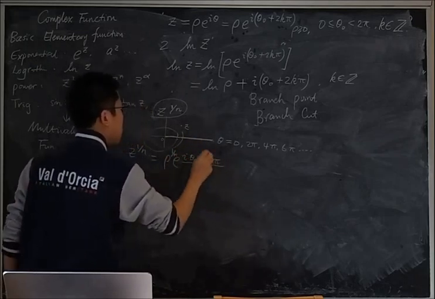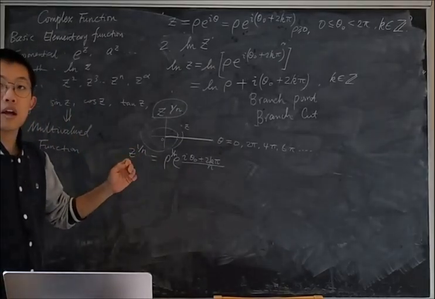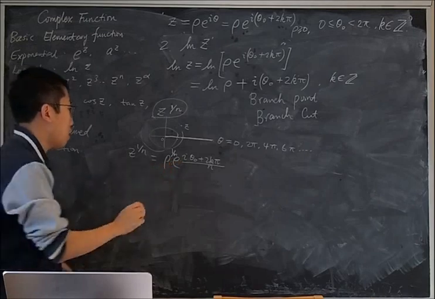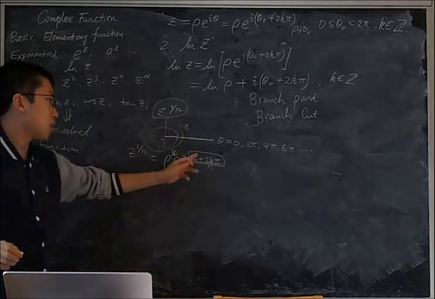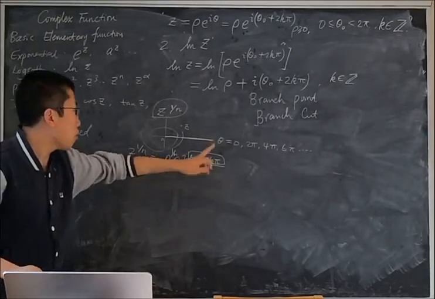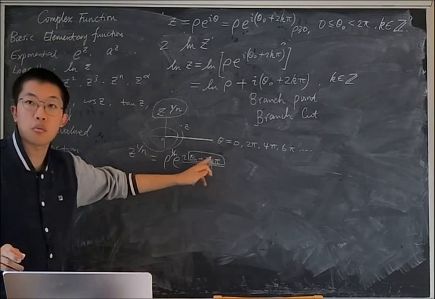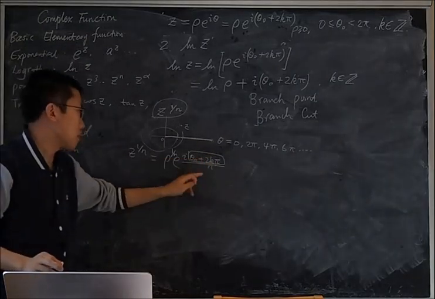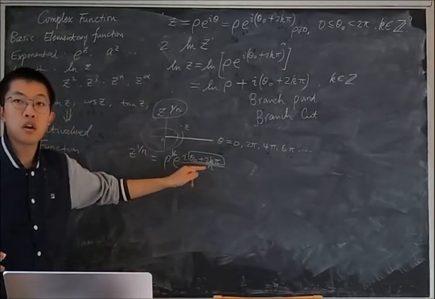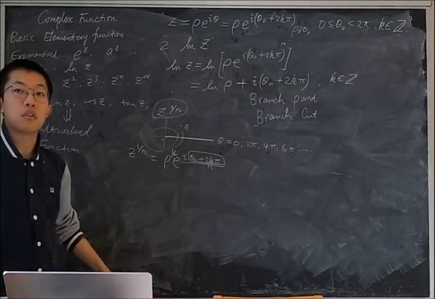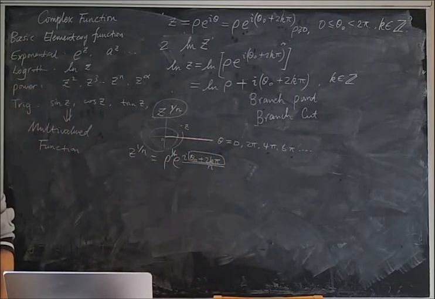So you literally have one value when this whole argument is between 0 and 2 pi, that's when k equals 0. When it is between 2 pi and 4 pi, that corresponds to the case of k equals 1. When it goes between 4 pi and 6 pi, that's the case of k equals 2. So this cut is literally called a branch cut.